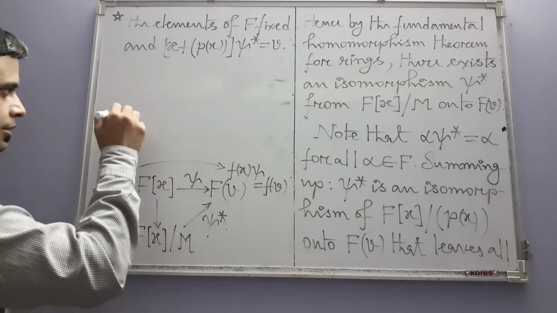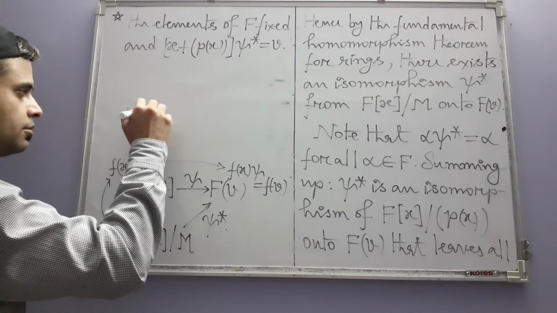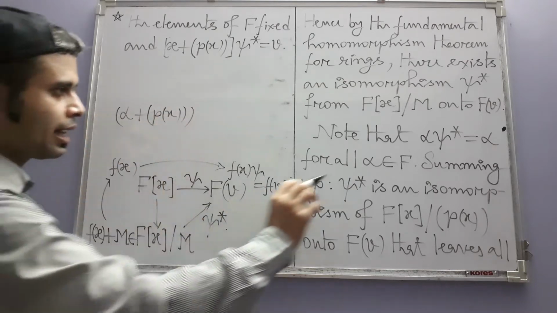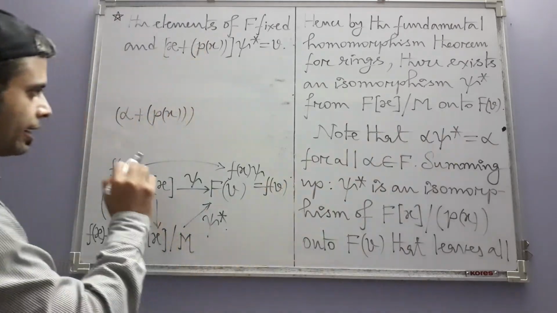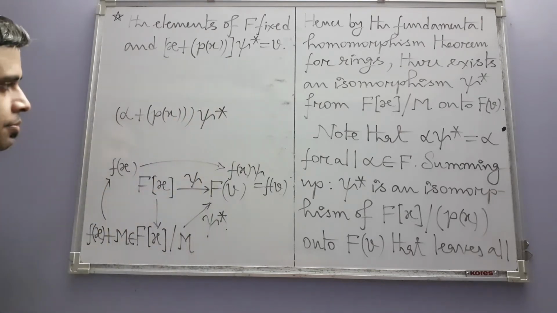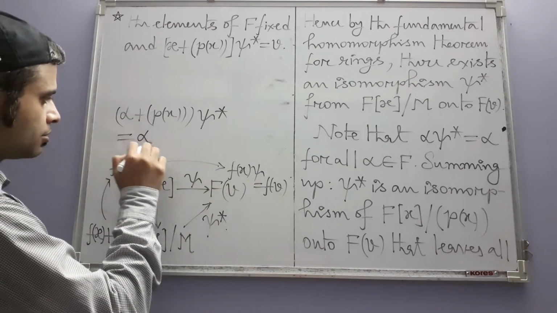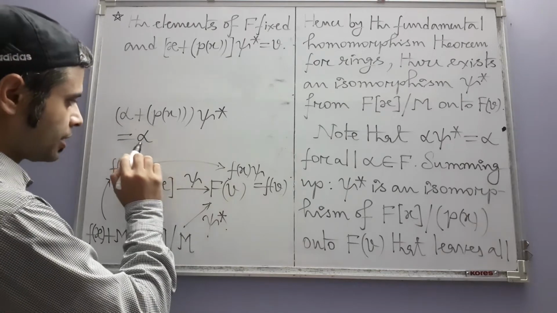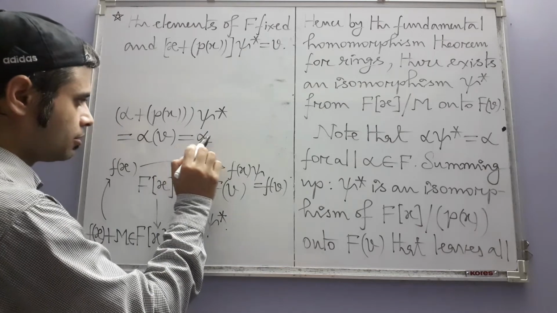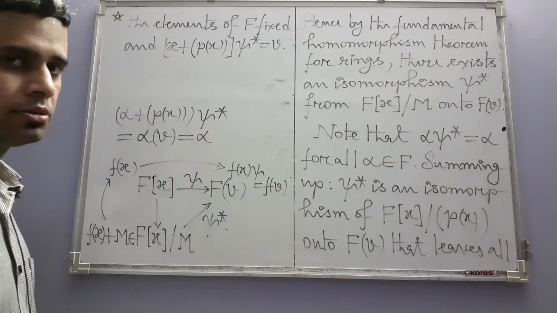According to that identification, alpha is actually the same thing as alpha plus m. So calculating alpha psi star actually means calculating this. By our definition of this function, this is evaluating the constant polynomial alpha at V. So that gives us the constant itself, and that is why we have alpha psi star equal to alpha.